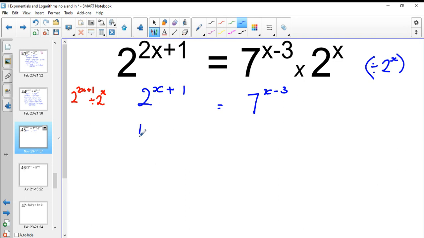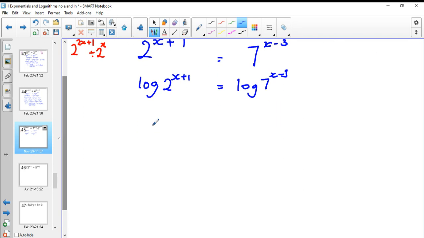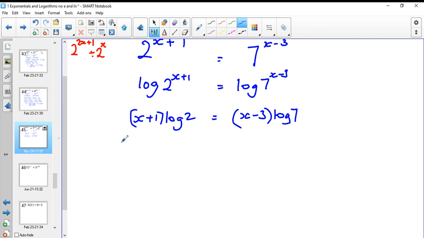Now it's just the same, so we can go from here, take logs, then we can bring the powers down. Now we can expand.